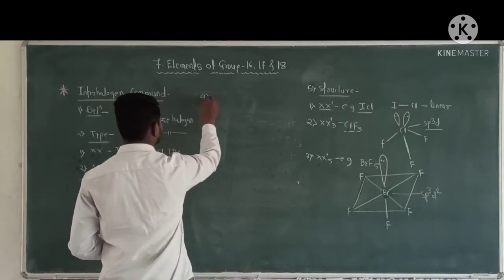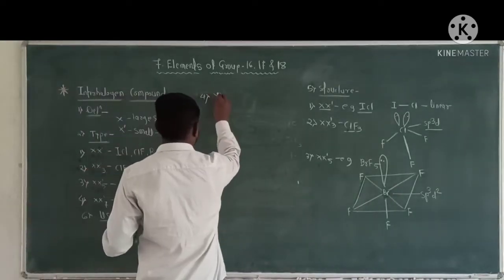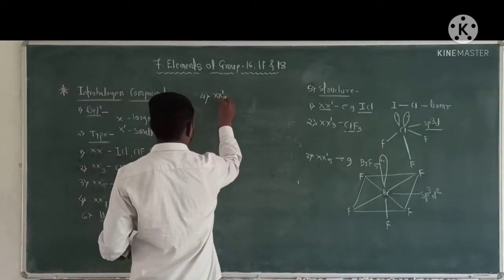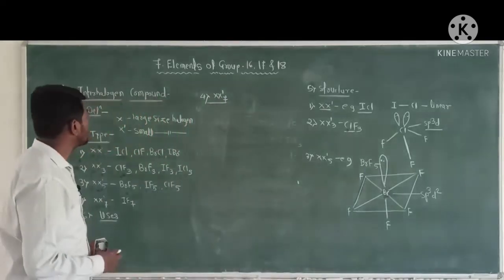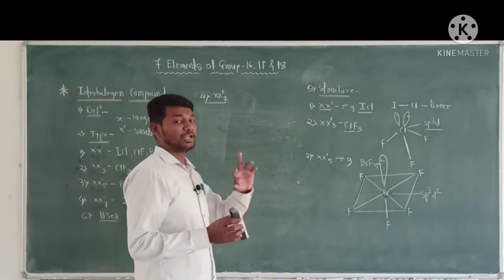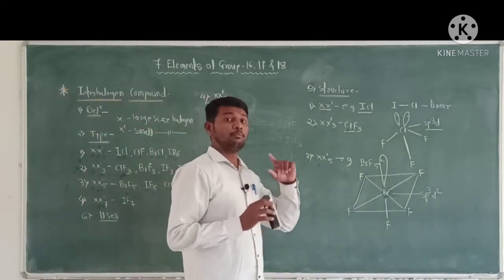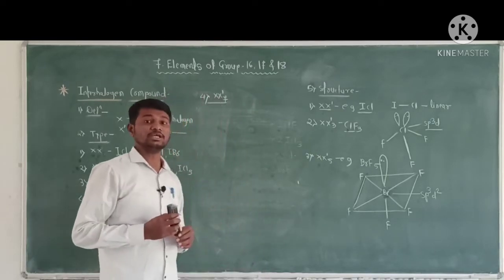Now fourth type, that is X X dash 7. These types of interhalogen compounds have a pentagonal bipyramidal structure and the central atom has sp3d3 hybridization.